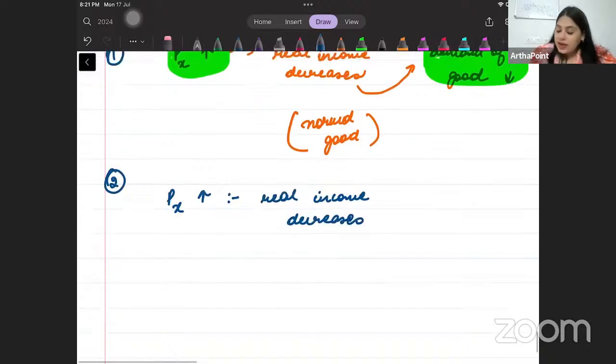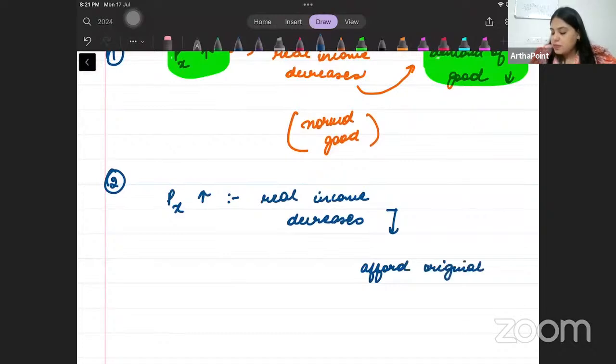Now, if you want to afford the original bundle, what do you want, beta? The original. So if you remember, when we divide Slutsky into substitution and income effect, what does the substitution effect say? Holding income constant or holding utility constant.